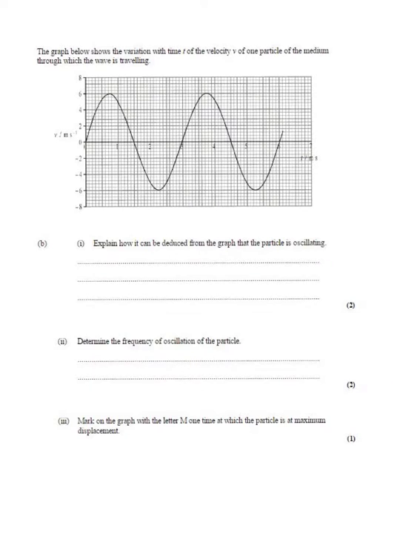So what's this question about? The graph below shows the variation with time t of the velocity of one particle of a medium through which the wave is travelling. So how can we tell that the wave is oscillating? And I'd like to apologise on behalf of the IB for asking such vague questions, but sometimes you just get stuff like this. How do we know it's oscillating?